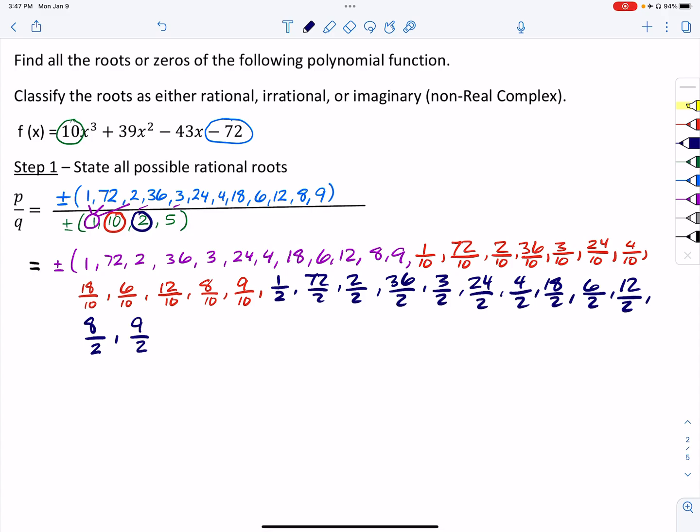Okay, so we've taken care of 2's, taken care of 10's, and we've taken care of divisors of 1.